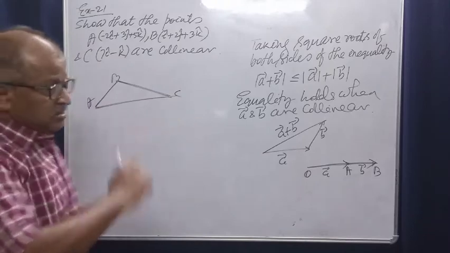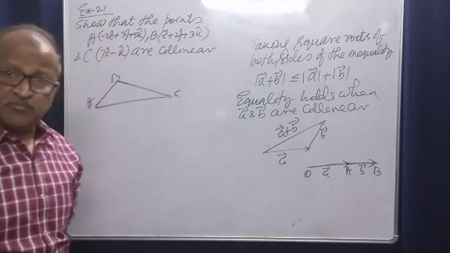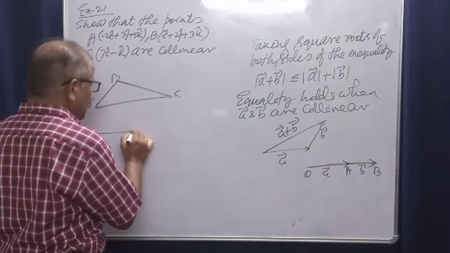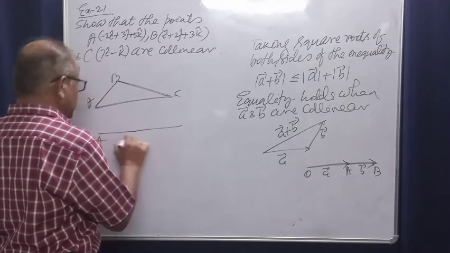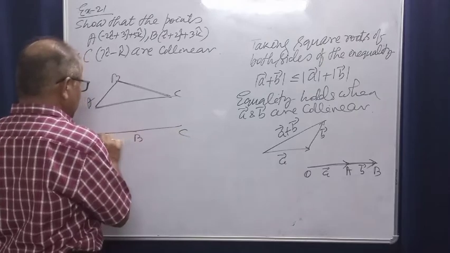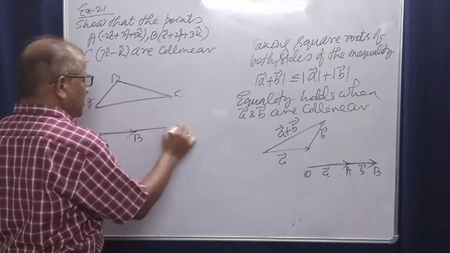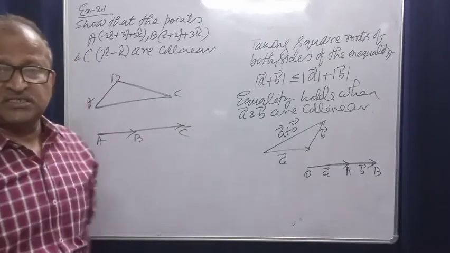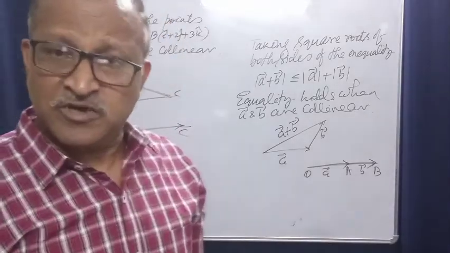We have already shown that. But when they are collinear, with A, B, C in order, AB plus BC is equal to AC in magnitude.